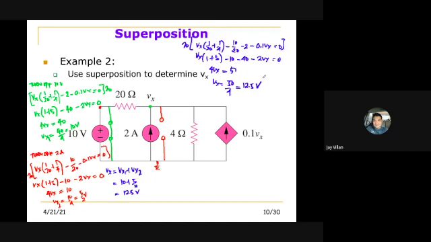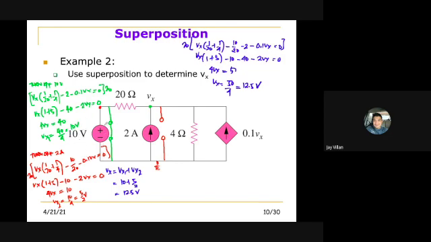Alright? So whatever is the solution for our superposition is the same answer that we arrived with using nodal analysis. And by the way, don't get confused, no? Gamit ta diri og superposition, diri sa kabila gamit ta og nodal analysis. So this is just to show that indeed superposition holds true, no?